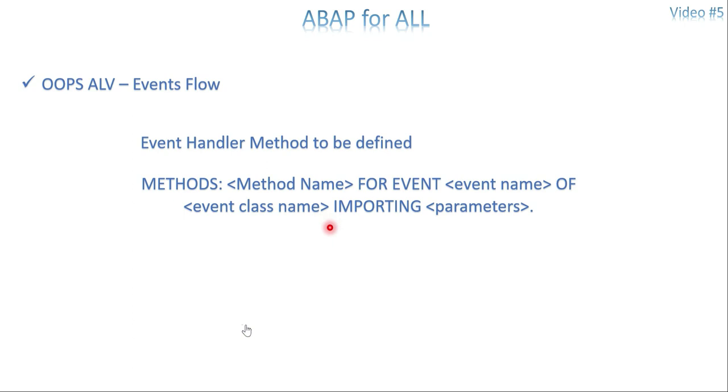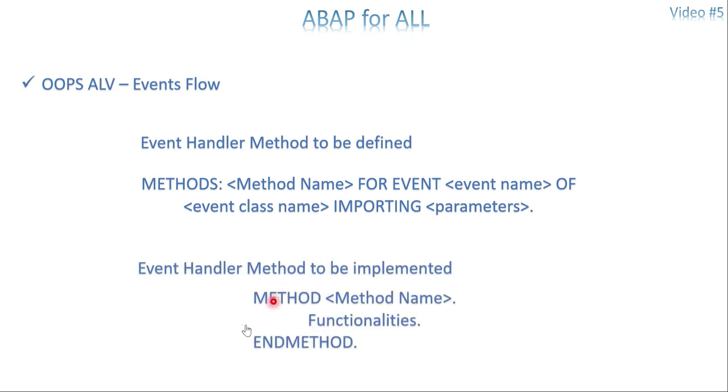You mention the event and which class it belongs to. The previous one is CL_GUI_ALV_GRID. So you have to mention the class name of the event. Then importing parameters, if any. This is actually optional, but if there is any mandatory parameter to be passed for the event handler method, yes, you have to pass it. So this is the definition of the event handler method.